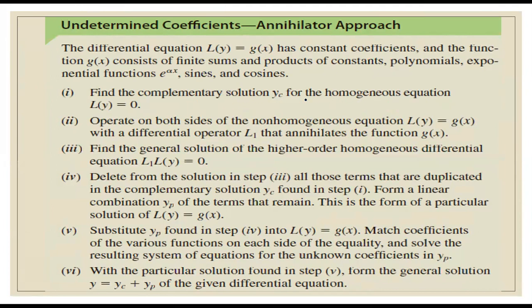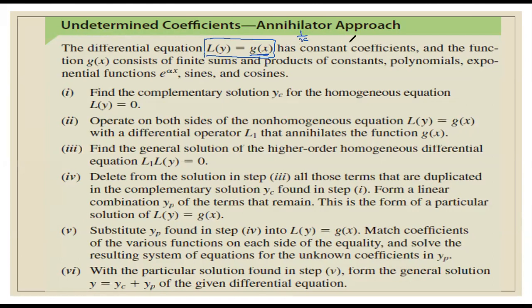Notice now your differential equation is of this form. So you have this differential equation with a specific g(x). Your g(x) may be a constant, maybe a polynomial, maybe sine, maybe cosine, maybe exponential, maybe a sum of those or a product of some of them. Okay? But if your g(x) is 1 over x, you can't use the annihilator.